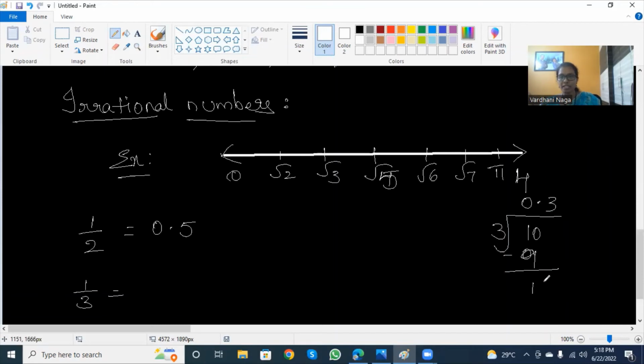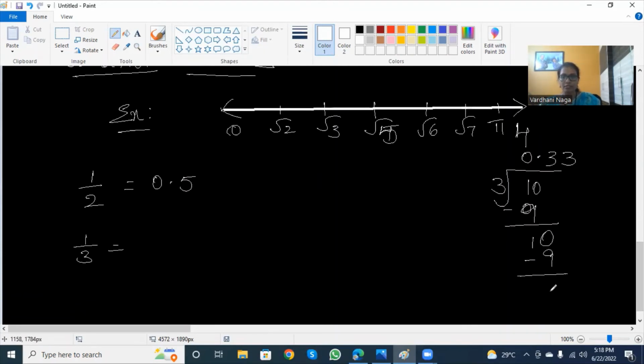Already the point exists, so you can place one more 0. Again 3 3s are 9. So again and again we are getting the same remainder, and again we are getting the same quotient.